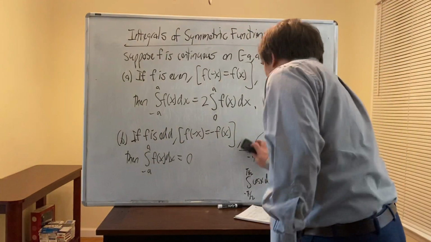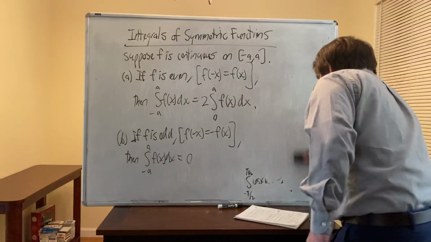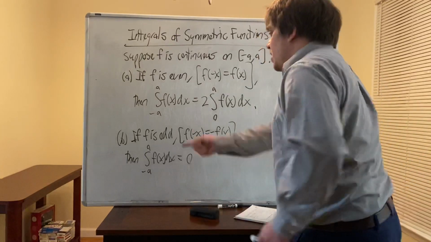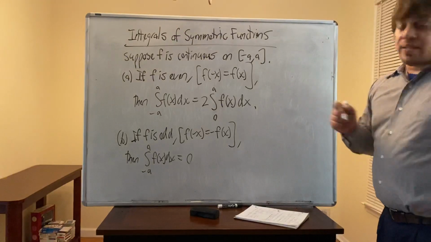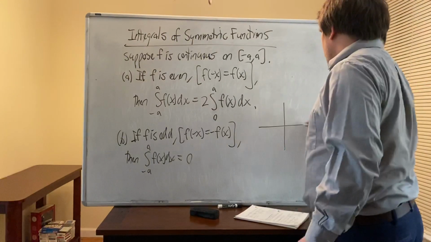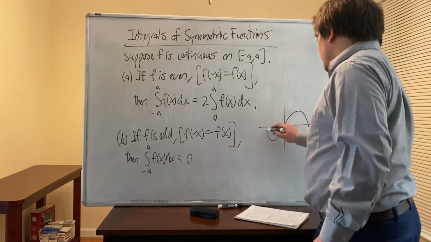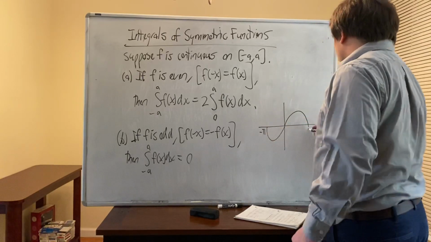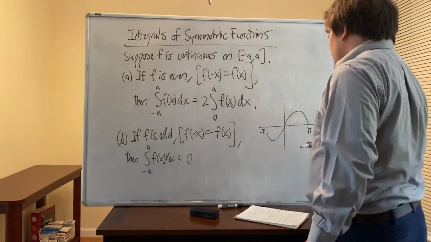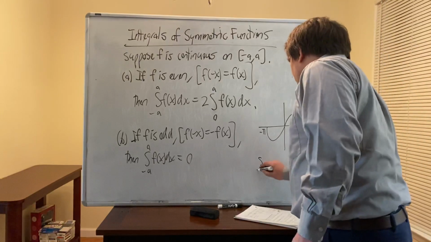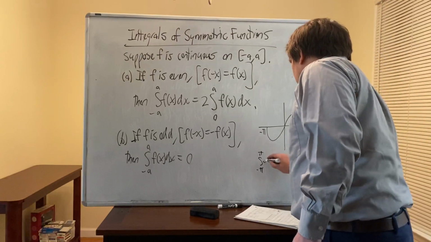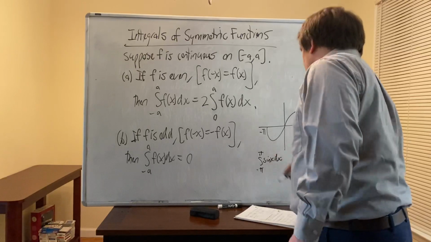Okay, so to illustrate what's happening in this problem, let's say you take the graph of sine x. Sine x is odd. So let's say you take sine x from negative pi to pi, and you want to find the definite integral from negative pi to pi of sine x dx.